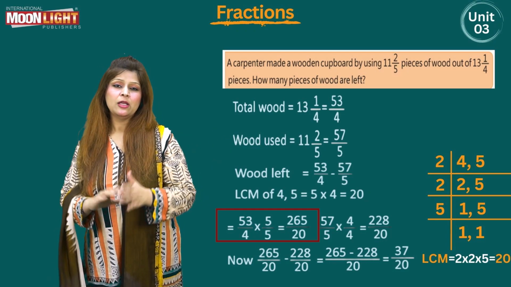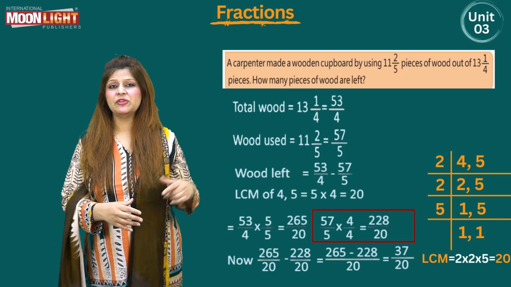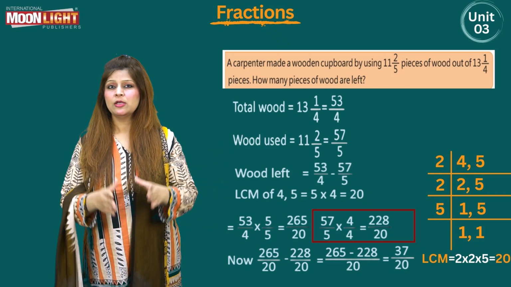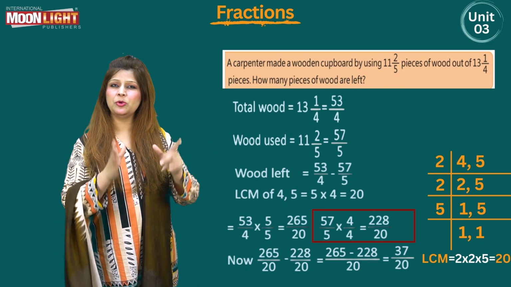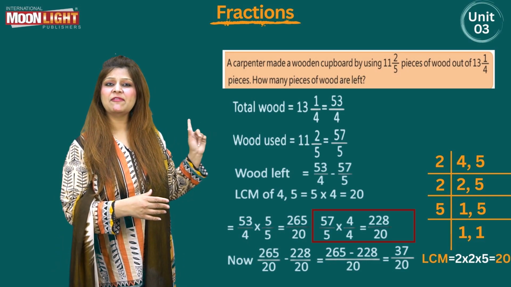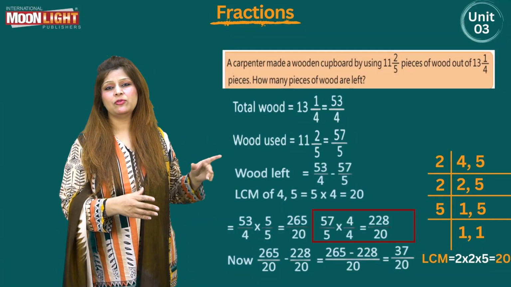Now my next fraction is 57 by 5. We are going to check the denominator, which is 5. So 5 4s are 20. Multiply numerator and denominator both by the number 4. So I will have 57 multiplied by 4 is 228 and 5 4s are 20.